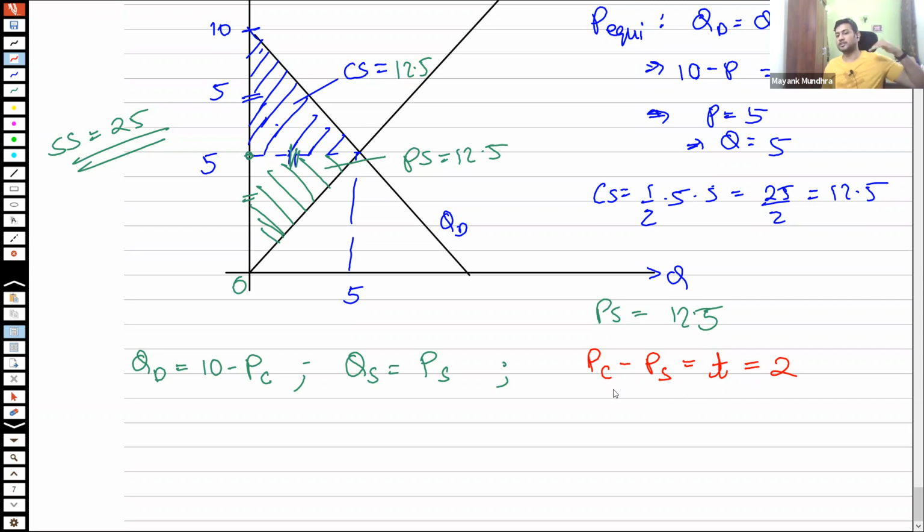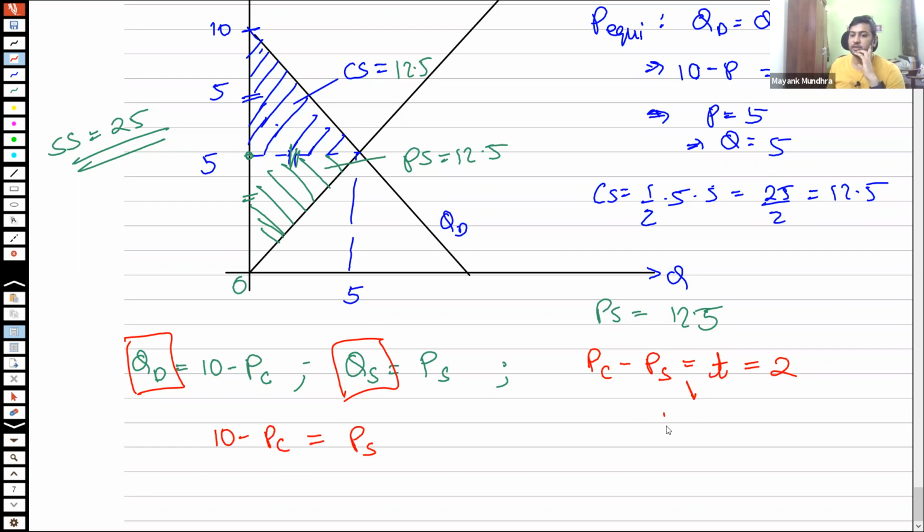So if the consumer pays PC, the supplier should be getting 2 rupees less than that, because 2 rupees has to go to the government for every sale which happens. So PC minus PS must be equal to 2. Now I want the market to clear, so QD must be equal to QS. So 10 minus PC must be equal to PS.